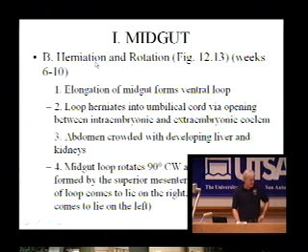As we had stated, the midgut has to herniate because there just isn't room in the abdominal cavity in weeks 6 through 10. So there's an elongation that forms the ventral loop. Our straight line gets pinched basically in the center as it's elongating, and it forms a little U-shaped loop, as it's referred to.